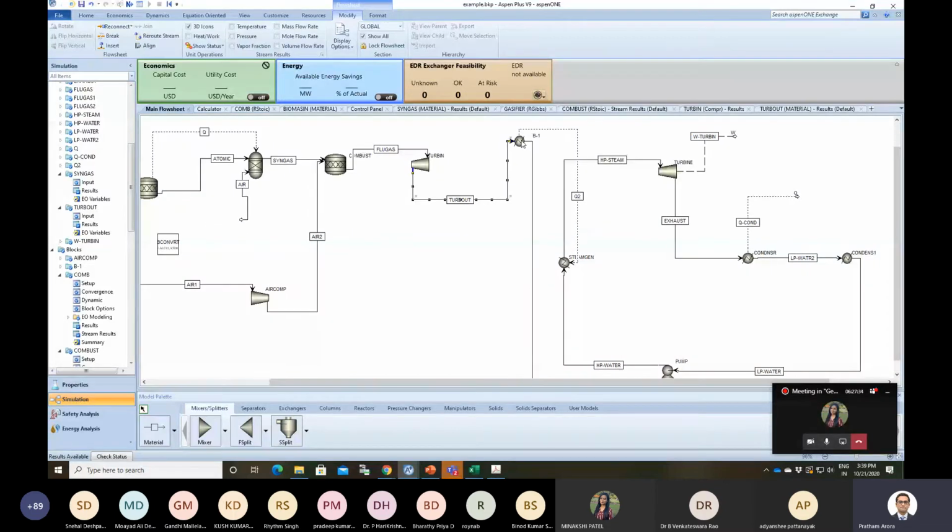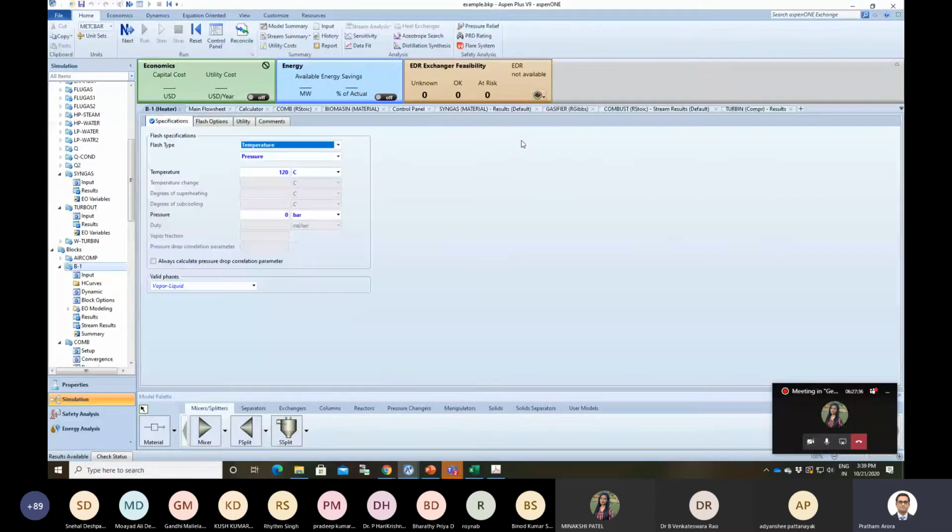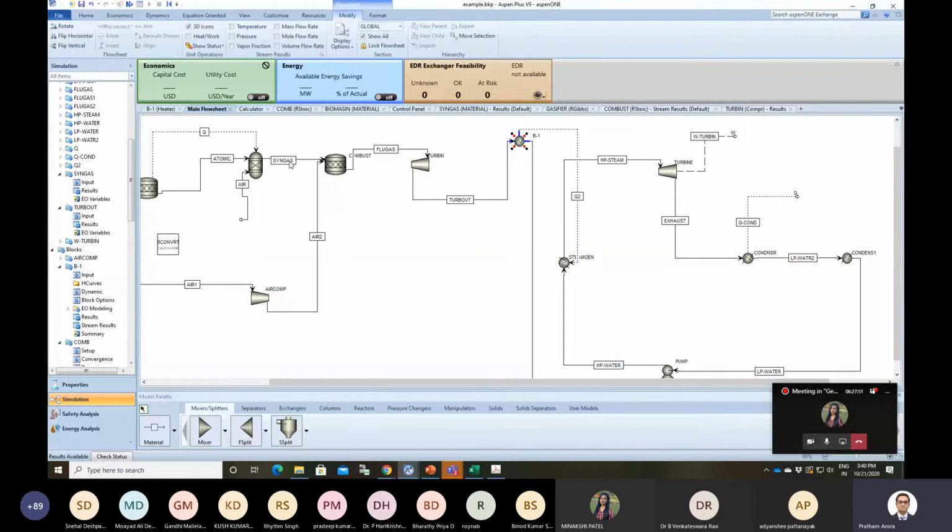So the first thing I need is a heat exchanger which would exchange heat with another heat exchanger, and I have asked it to reduce the temperature to around 120 degrees Celsius. So I'm reducing the temperature from 1500 to 120 degrees Celsius, and this is then being used to raise steam.